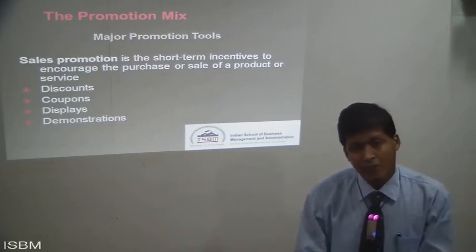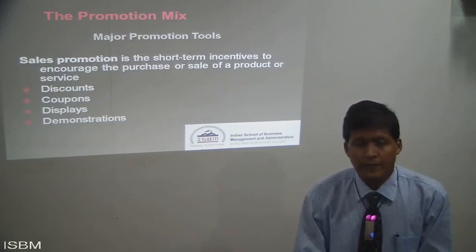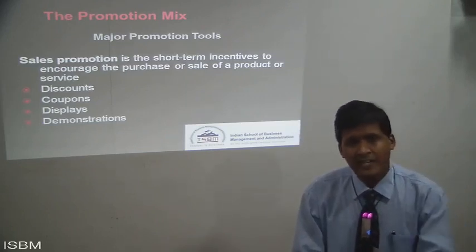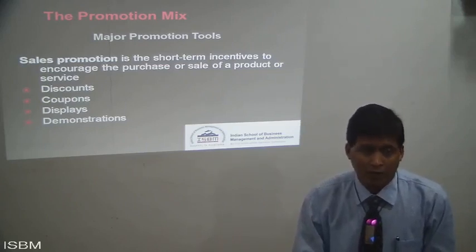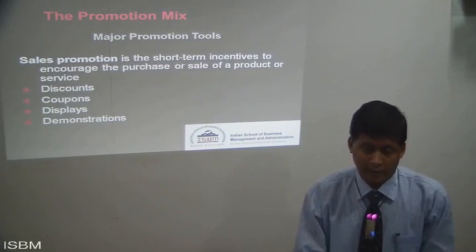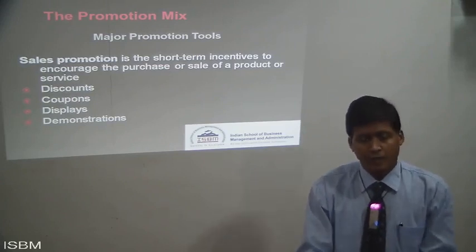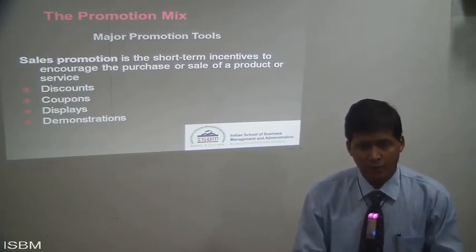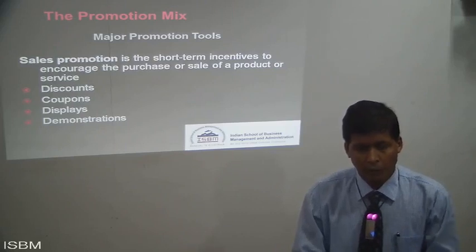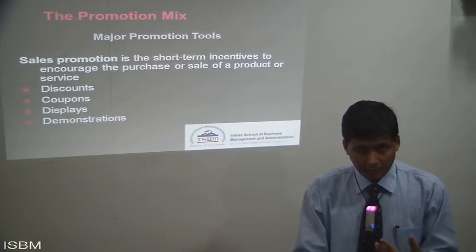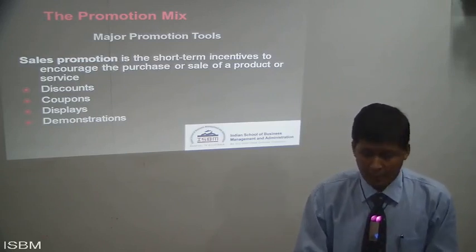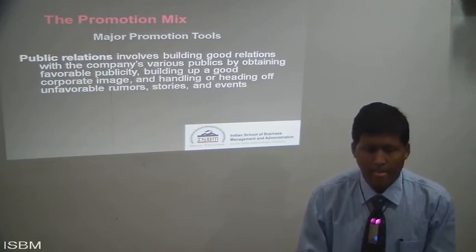Or if it's an FMCG based market for detergents, you have the entire range of HUL packs on display. So sales promotion is one of the measures we use. It could be in terms of discounts, coupons, displays, demonstrations.